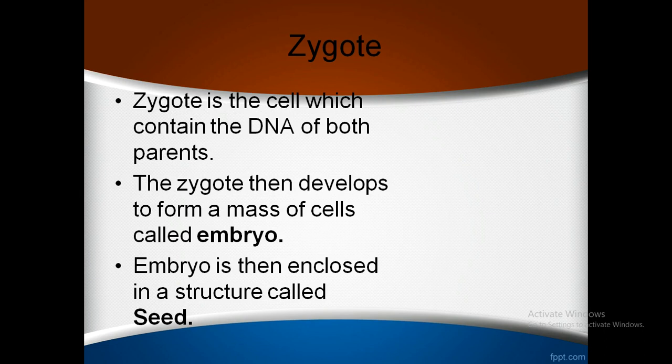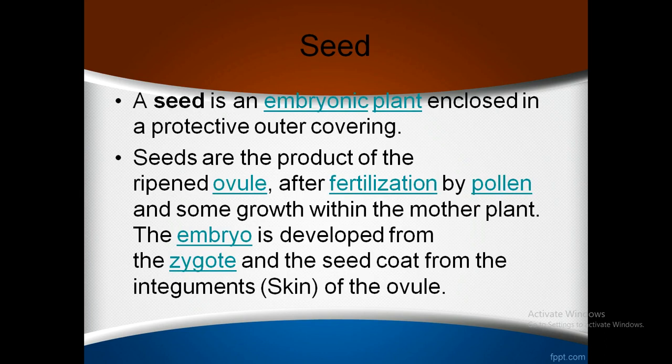The zygote is a cell which contains the DNA of both parents, the DNA of the male parent and the DNA of the female parent. The zygote then develops to form a mass of cells called the embryo. The embryo is then enclosed in a structure called the seed.